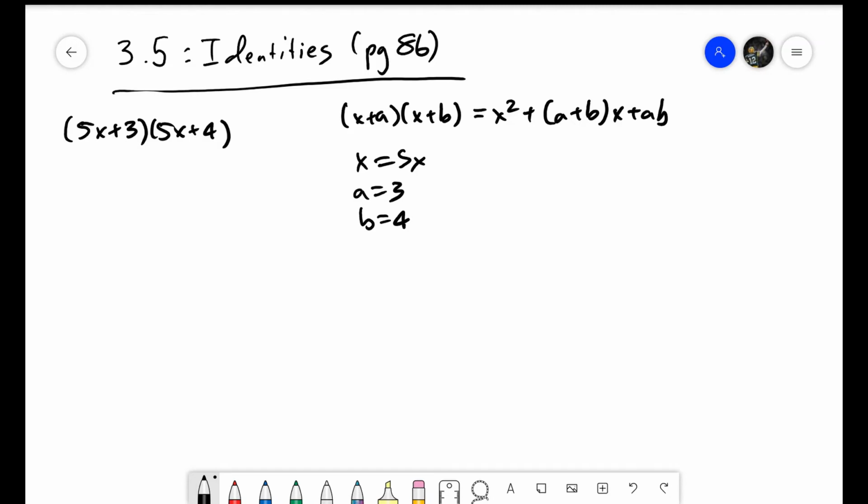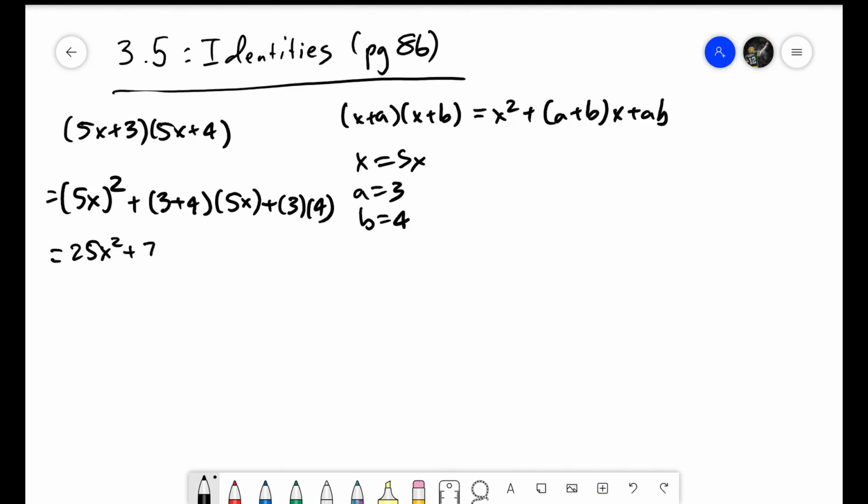So that means that this is equal to (5x) squared plus (3 + 4) times 5x plus 3 times 4, which is equal to 25x squared plus 7 times 5x plus 12.